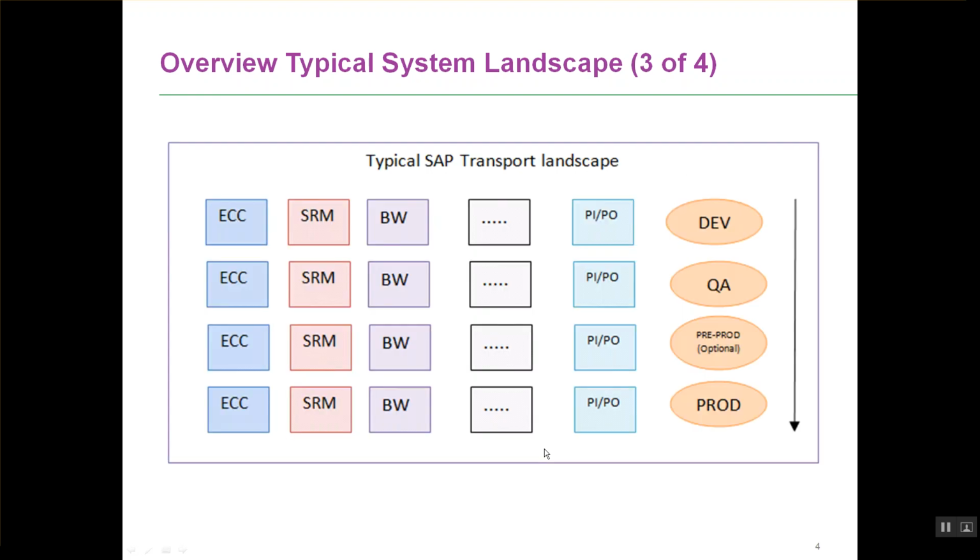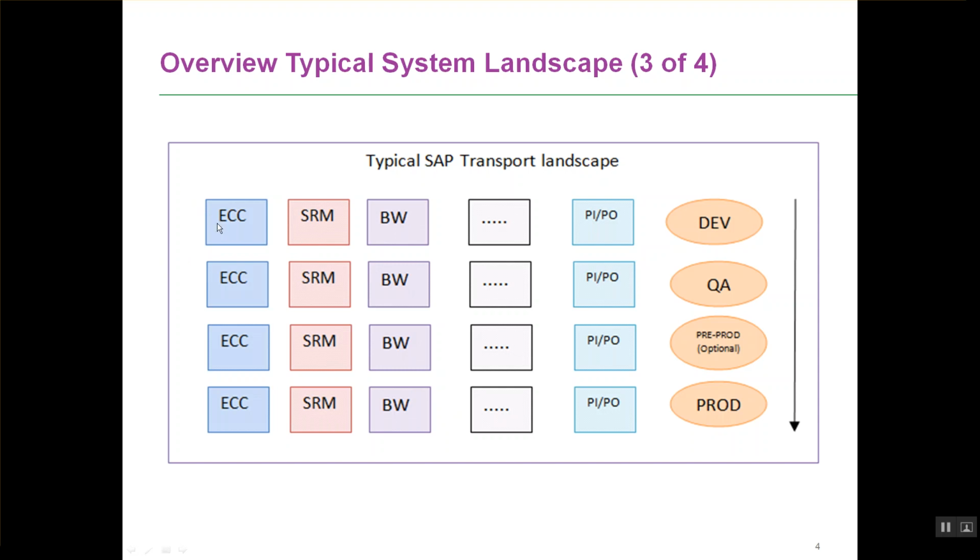Okay. This is what a typical SAP landscape looks like, right? There are multiple dimensions to a landscape, right? One is what all are the different types of software in your landscape. So in the case of a customer landscape, you can have ECC as a software, SRM as a software, BW, PI, PO, and so on. So the SLD provides you with one facet, which is what are all the products and the software that are installed at a particular customer's landscape.